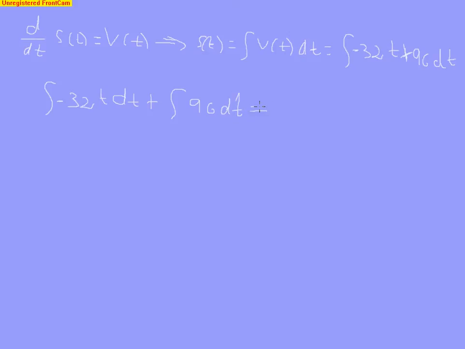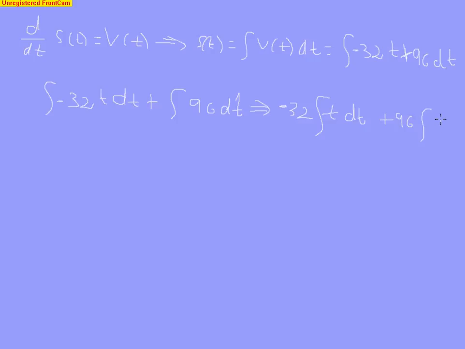And now our next step, we take negative 32 and 96 out because they're constants. So we get the integration of t with respect to t plus 96 with respect to dt.